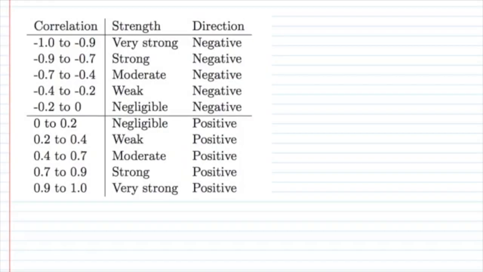This table is going to help us describe our correlation. After we calculate it, we're going to come back to this. Let's say it's between -0.9 and -0.7. So we can call the correlation strong, and it's obviously negative, so that's the direction. Over here we have the positive values. I would put a pin on this because it can help you when you're writing up your APA description of the correlation.